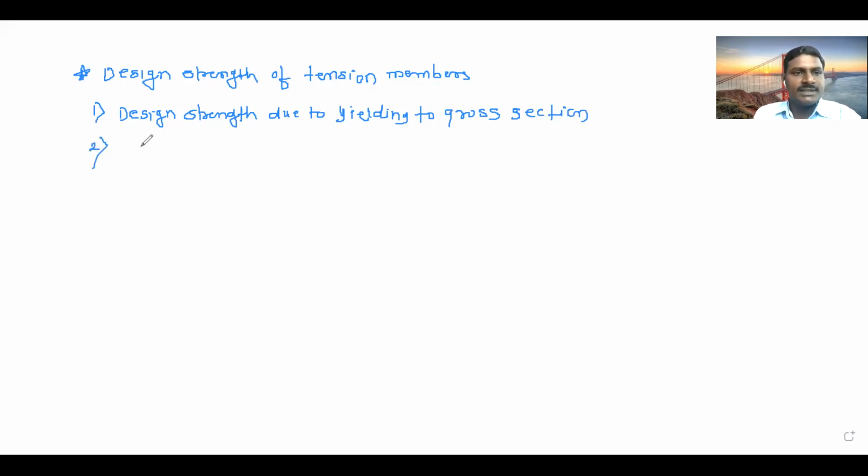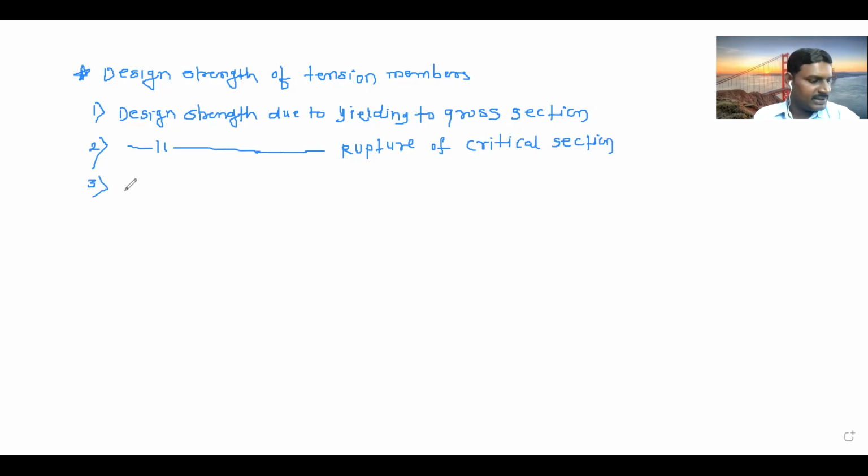Second design strength is rupture of critical section.